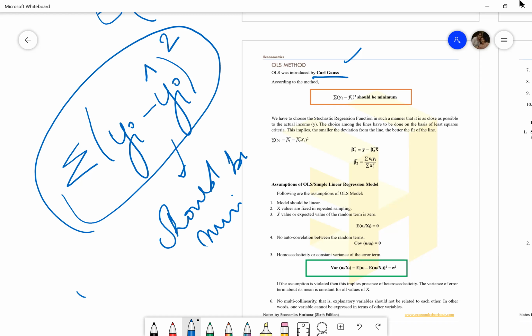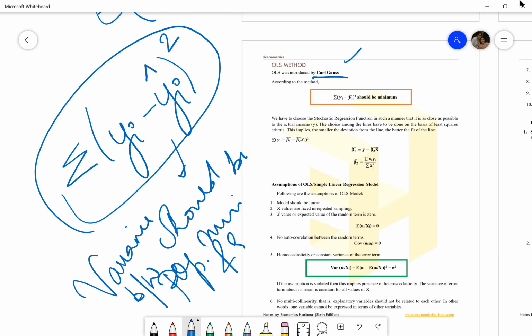That the variance between your population regression function and your stochastic regression function should be minimum.